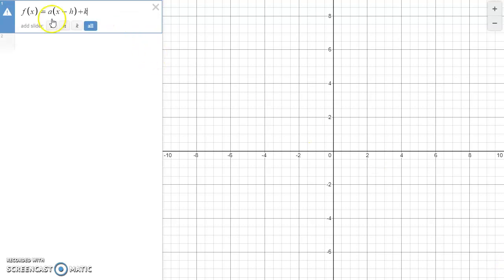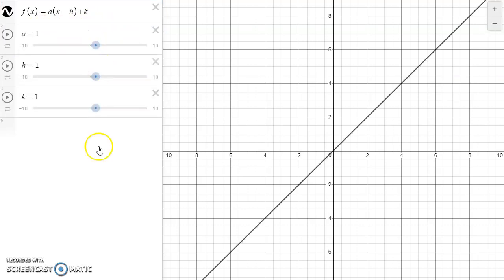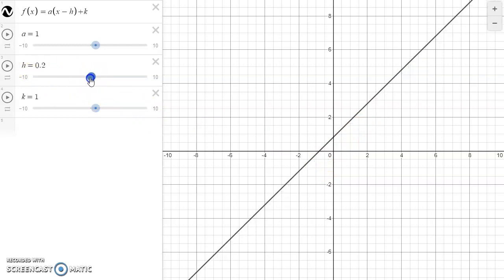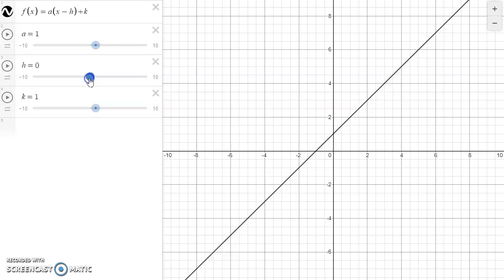All right. We are going to add sliders, and you're going to see in a bit how sliders work. So I'm going to add sliders for all. I wanted this to be a parent function, but this is only going to be a parent function if my h is at 0. So I'm going to move that to 0. And that my k is also a 0.